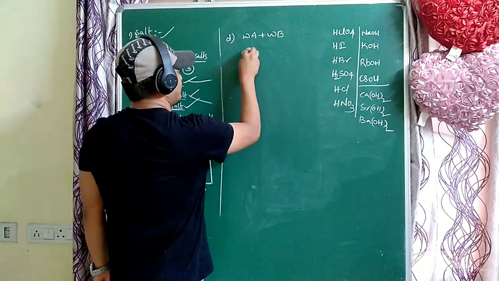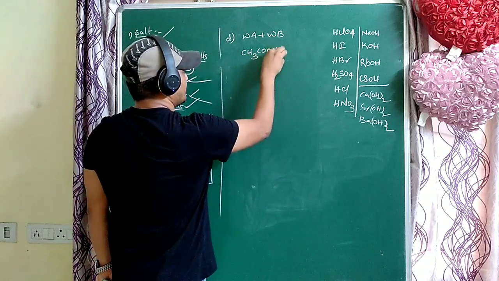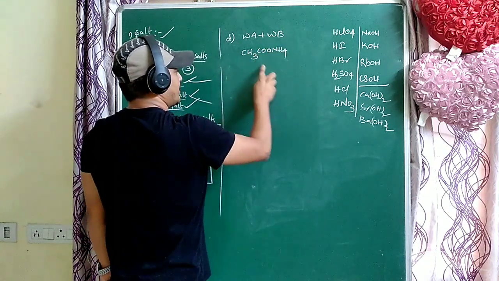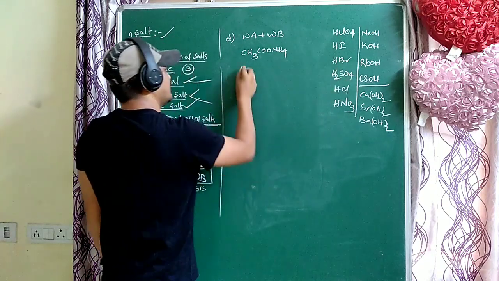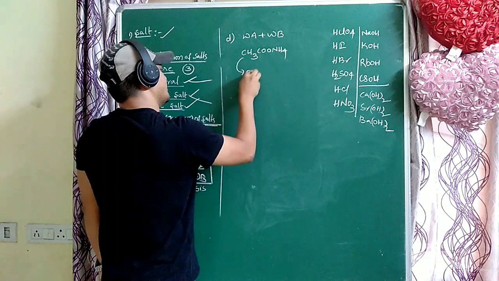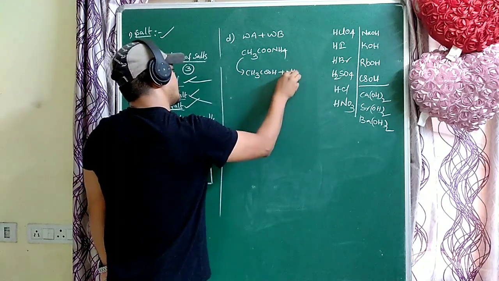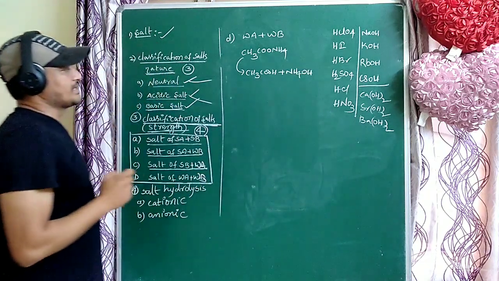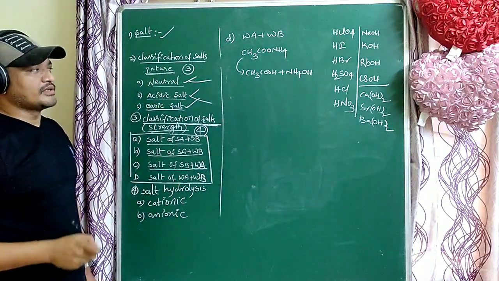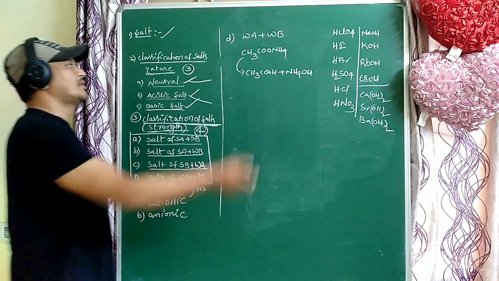For example, ammonium acetate. This cation is not from the strong bases and this anion is not from the strong acids. So this is prepared from acetic acid and NH4OH. Both are weak. Acetic acid is weak, NH4OH is also weak. A weak acid and weak base combine to form this salt.